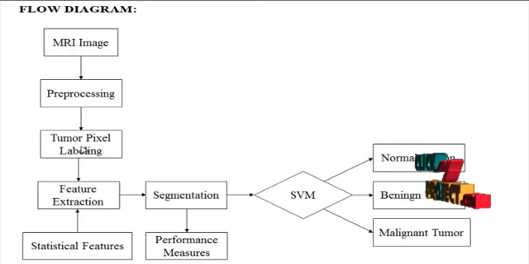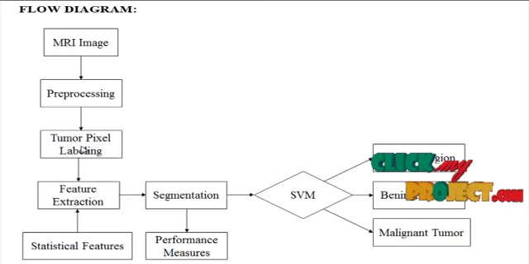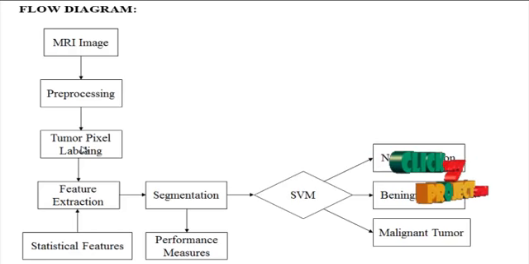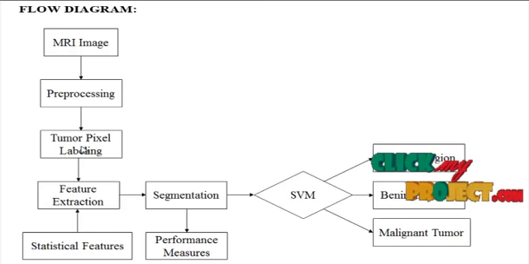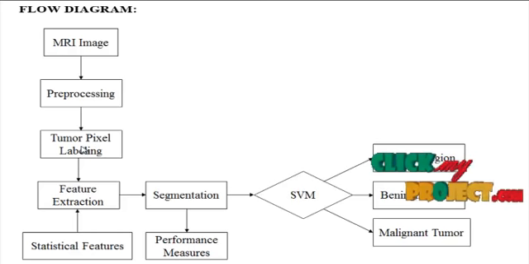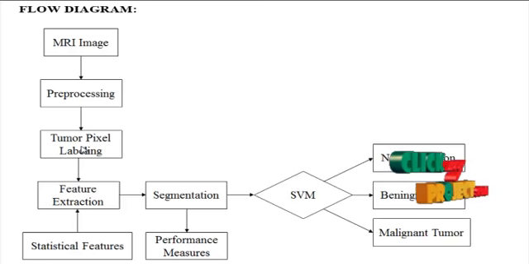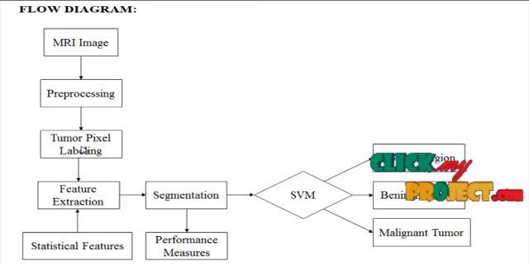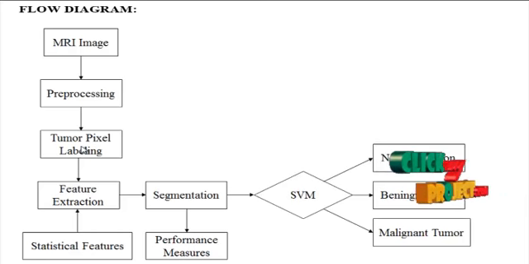The tumor pixel labeling refers to the selection of the needed pixels, meaning the tumorous portions, from the regions. The tumorous pixels were selected with the help of thresholding operations, and the labeled regions were selected.